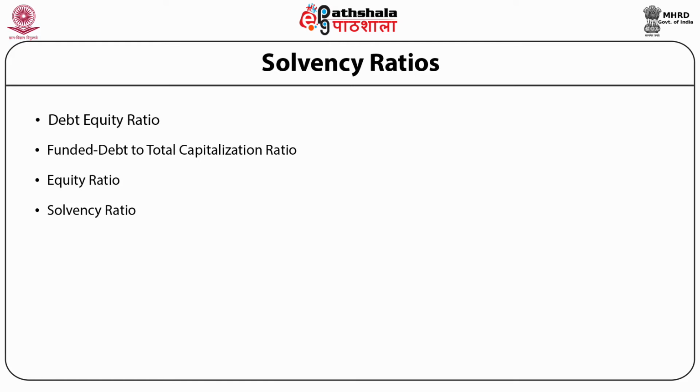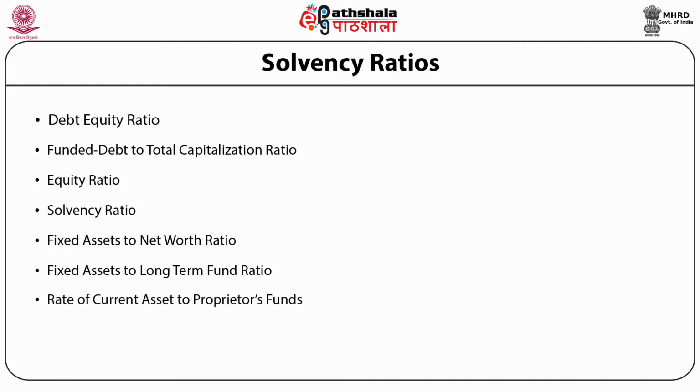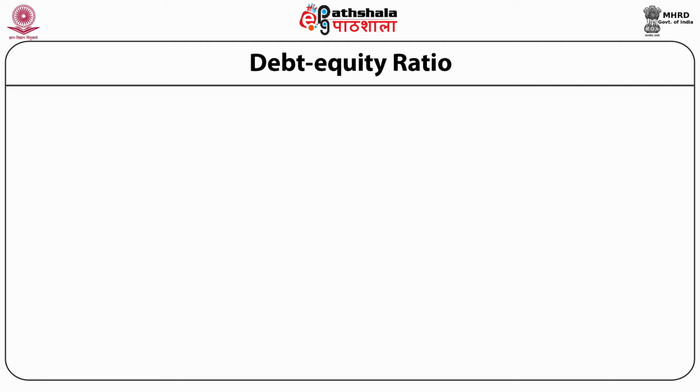Fifth, fixed assets to net worth ratio. Sixth, fixed asset to long-term fund ratio. Seventh, ratio of current asset to proprietors' funds. Eighth, debt service ratio. Ninth, cash to debt service ratio. Now we'll study these ratios one by one.